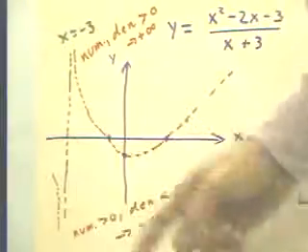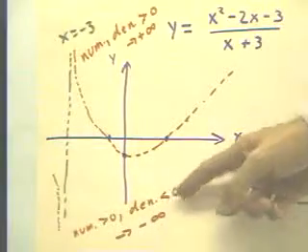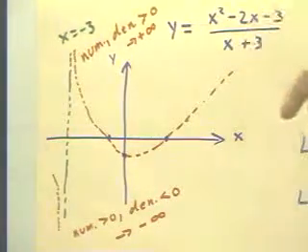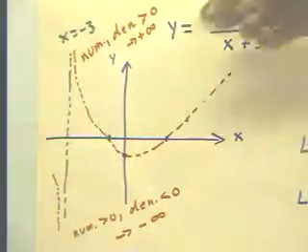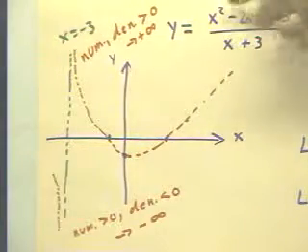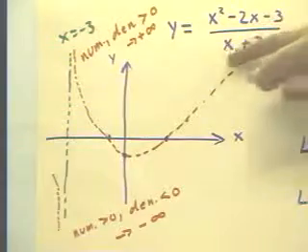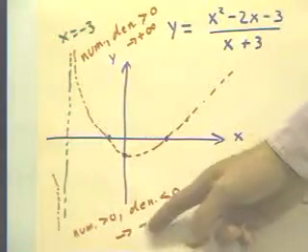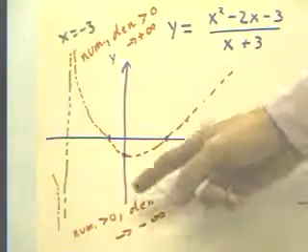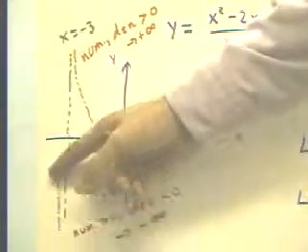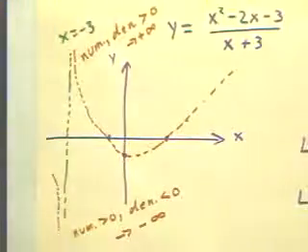On the other side of x equals 3, the numerator is positive, but the denominator is less than 0. Again, we put any number near 3 in, the numerator is going to be positive. No doubt about that. But when the denominator becomes negative, then we're going to get a negative, so that we're going to have a negative infinity, a negative asymptote here.